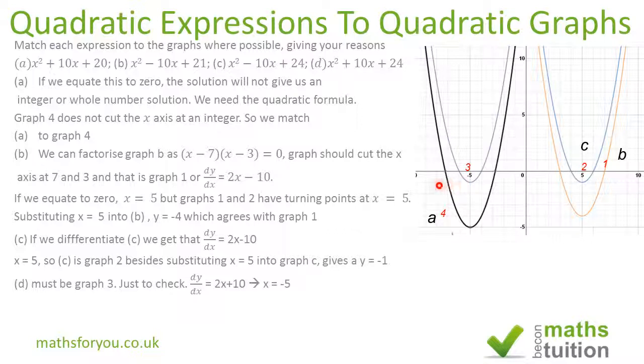Just to check a bit further, if we substitute x equal to minus 5 into expression D, we end up with y equal to minus 1. So we've now confirmed that expression D belongs to graph 3. And I hope all that makes sense.